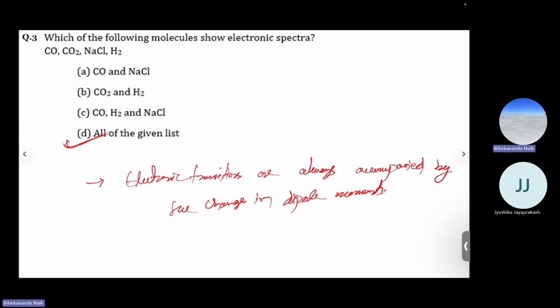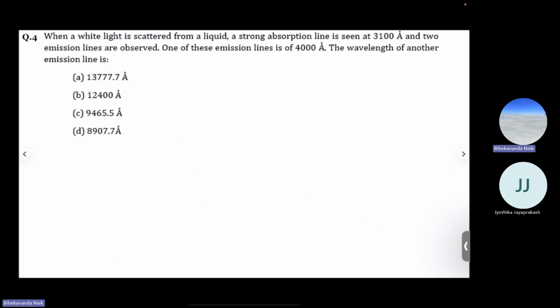So all the molecules in the given list will show electronic spectra. So all molecules show electronic spectra. Now come to question number 4.